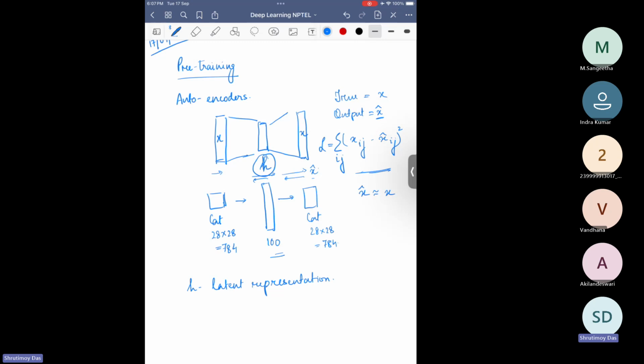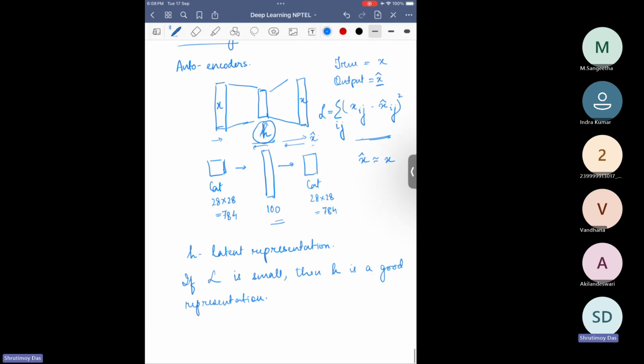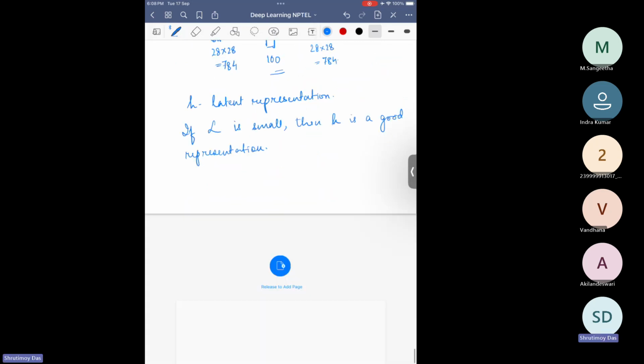So if your loss is small, then h is a good representation. By good representation, I mean that suppose you have a classification problem.